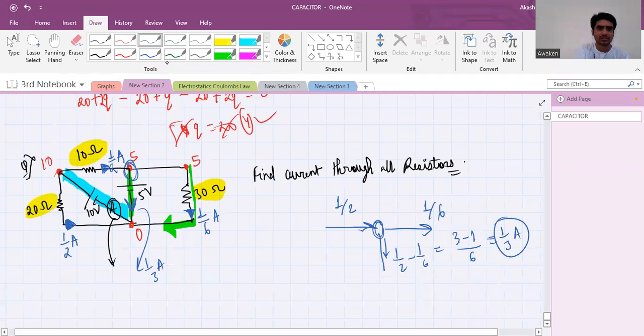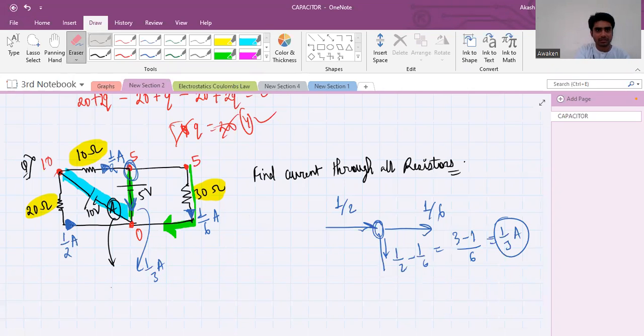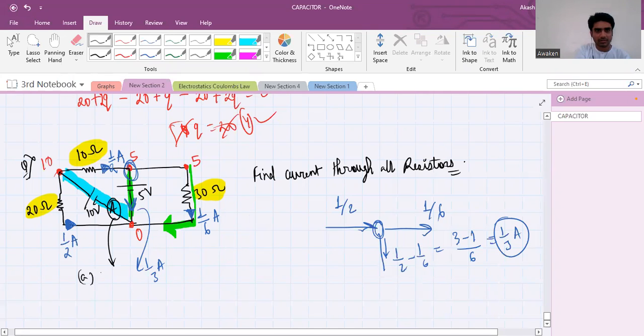I'm giving you options. ABCD, 4 options are given. Current flowing in that blue branch.